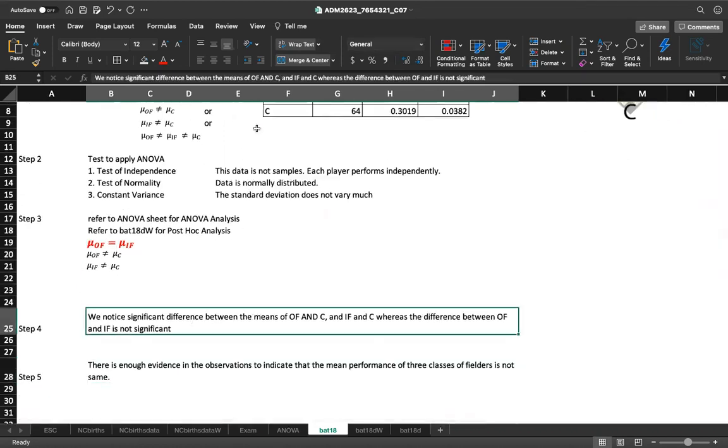All right, that's how we perform the ANOVA analysis.